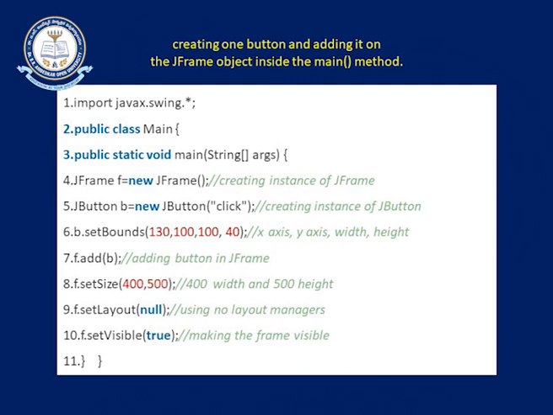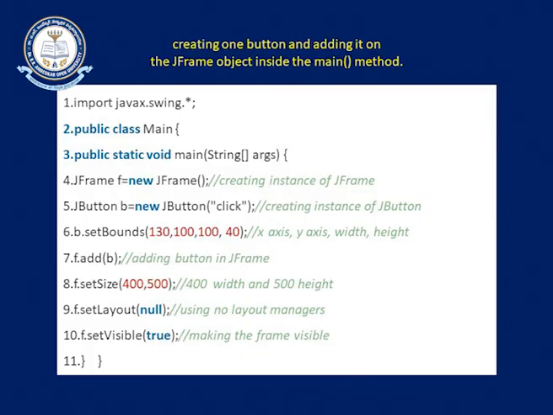So, let me show you a simple swing program, then you can get an idea how to write code in Java related to the swing concept. Here my requirement is creating one button and adding that button to the JFrame object inside the main method. See the code: import javax.swing.*; This is the statement we use to import all the swing related classes and interfaces.